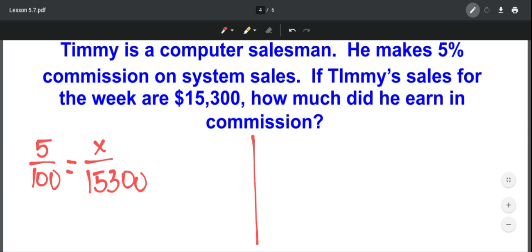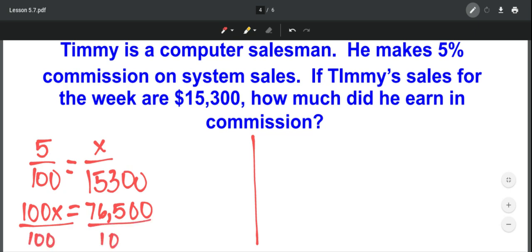When I cross multiply, I would get 100x is equal to 76,500. When I divide by 100 on both sides, you then have $765.